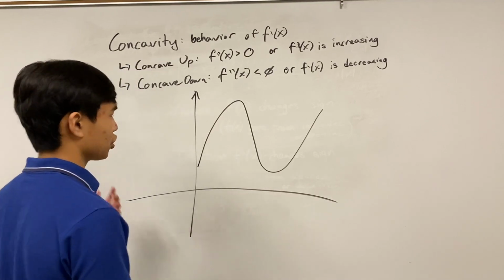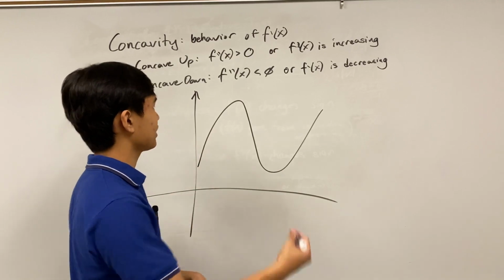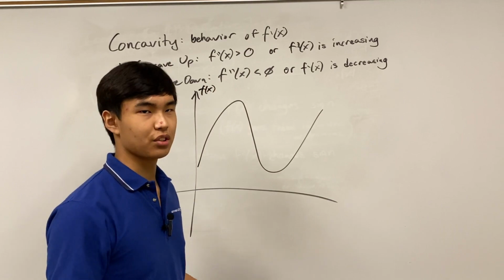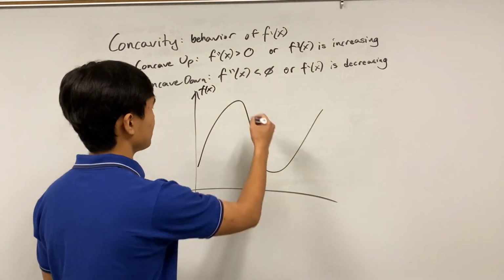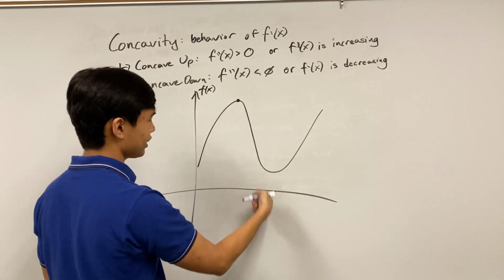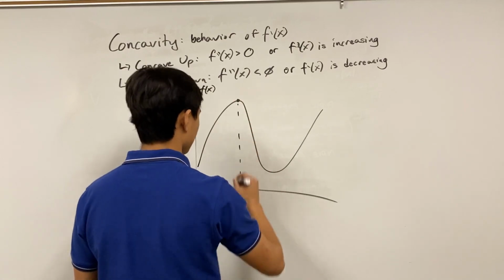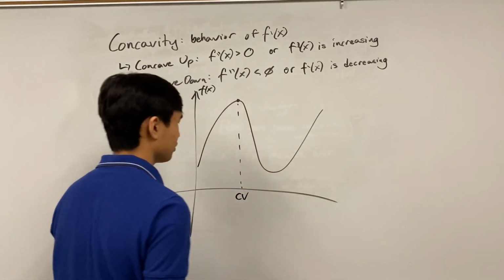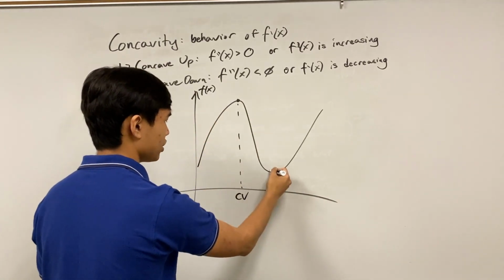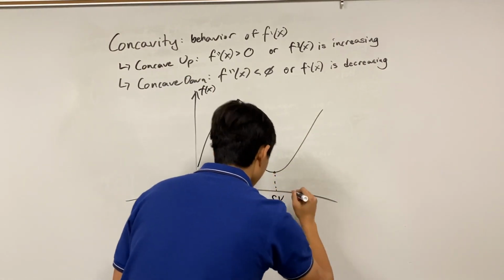So remember, critical values are when f prime changes sign, or when f of x, this is the graph of f of x, goes from increasing to decreasing. So right here, f of x goes from increasing to decreasing. So this is a critical value. And here, f of x goes from decreasing to increasing. So this is also a critical value.